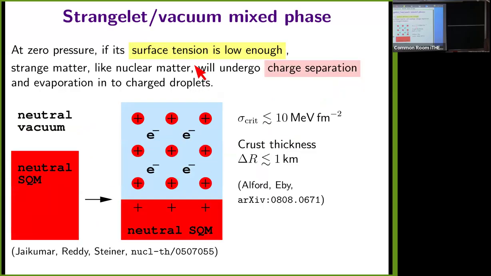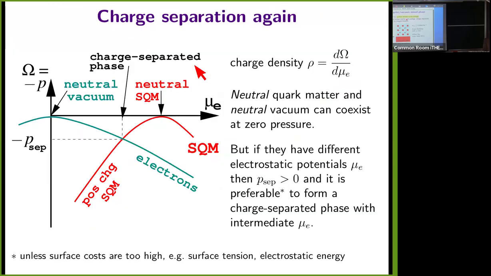So if the surface tension is low enough, I'll show you, hang on, maybe I'll pop ahead here. So here we have the analogous picture to what we had before, except now we've got the vacuum here. And if you turn up the electron chemical potential in the vacuum, you get electrons. And here's your neutral quark matter. And if you turn down the electrostatic potential in quark matter, you get positively charged quark matter. It's got fewer electrons, more up quarks, fewer down and strange quarks.